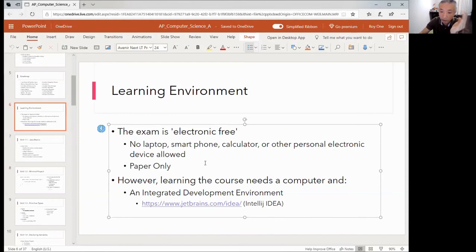Eventually, when you take this exam, it is electronic free. What this means is, when you register for the exam, your parents drive you to the test center or maybe directly to your school.